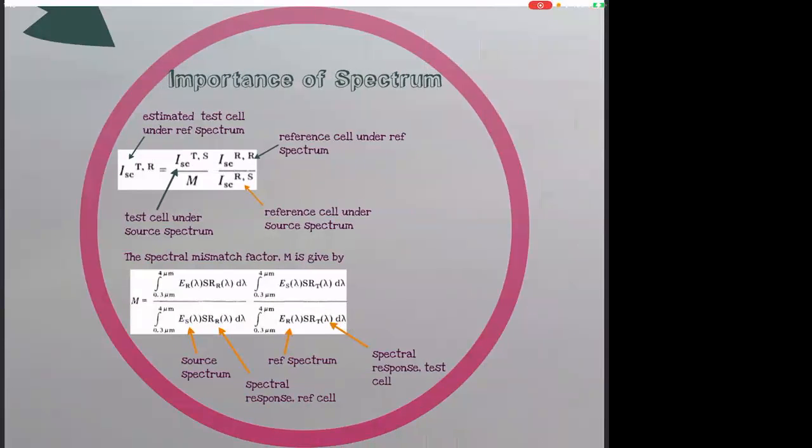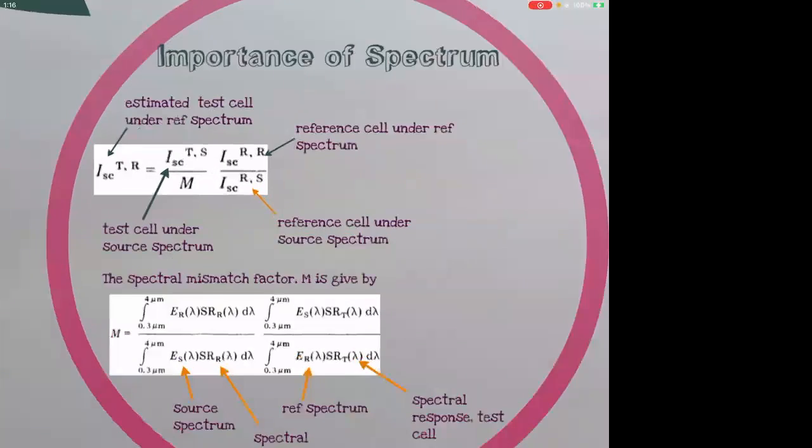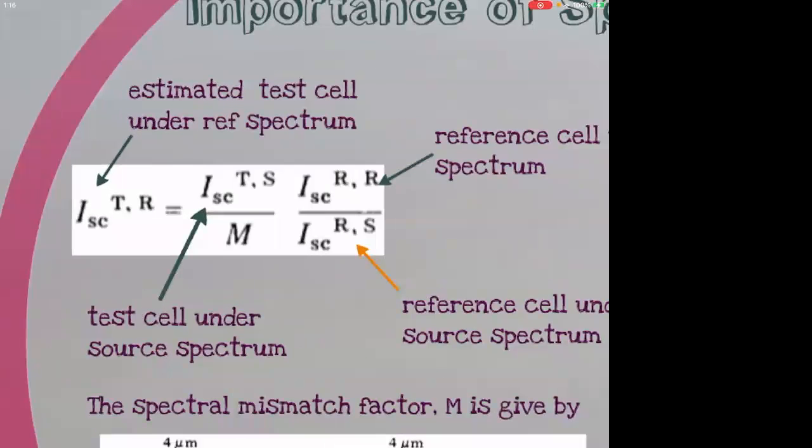The importance of spectrum cannot be overemphasized, because this is something that is not well understood. It's important to consider spectrum when talking about efficiency, because we know that the short circuit current density is dependent upon spectrum: how many photons are actually coming in and what is the energy of each of those photons.